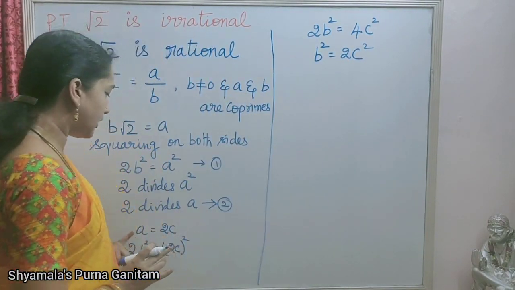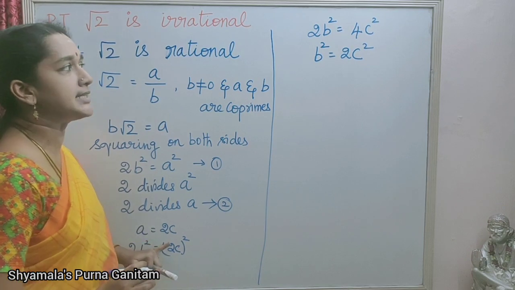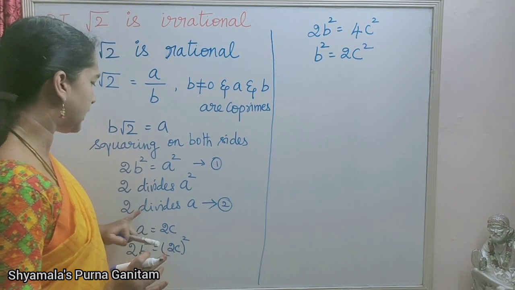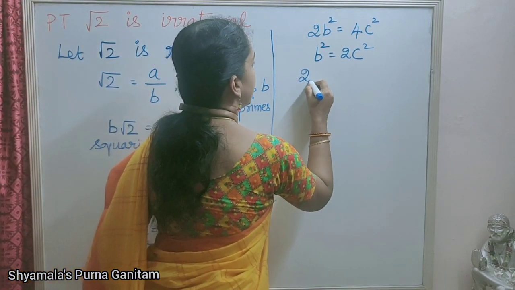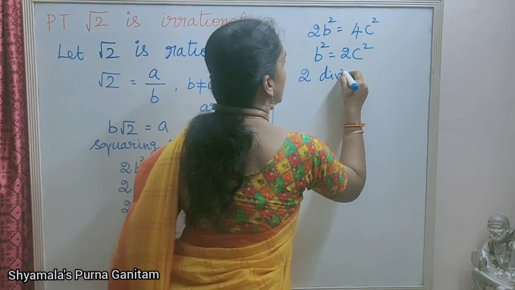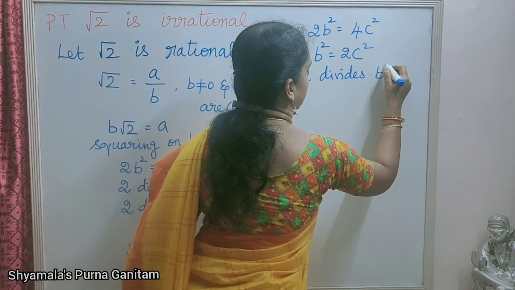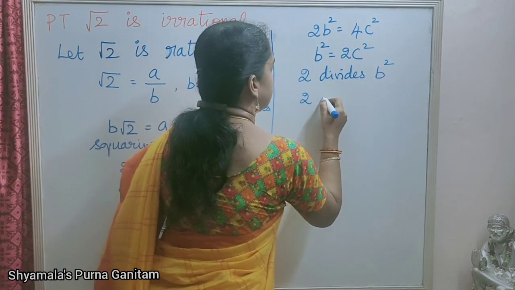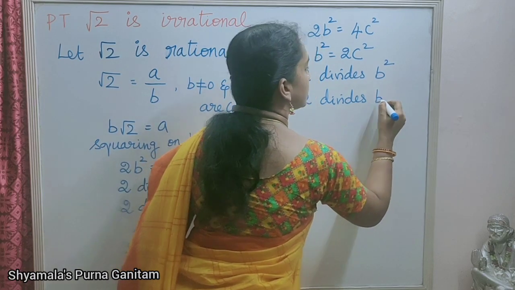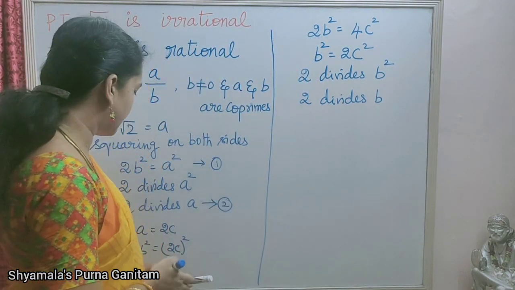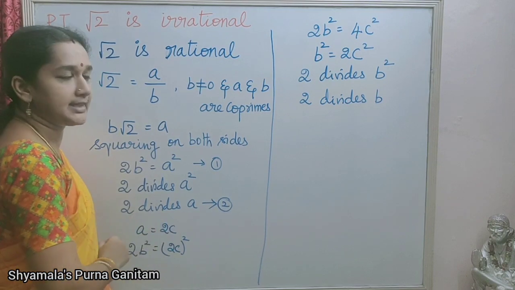Already we have shown that a is equal to 2c, that is, 2 divides a. Here 2 divides b squared, so we can write this as 2 divides b. So first we said that 2 divides a.